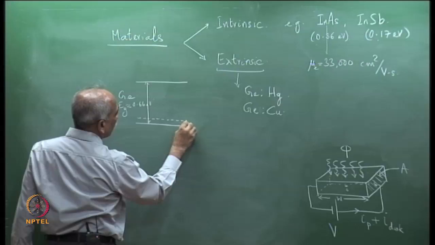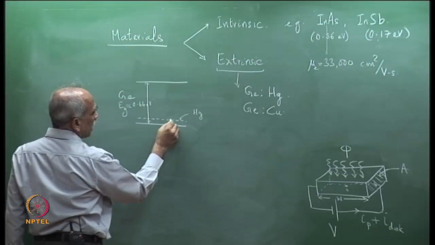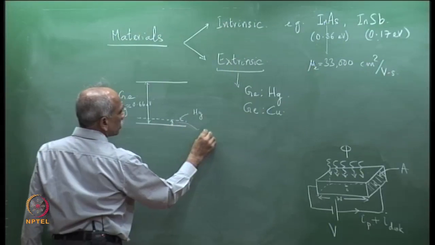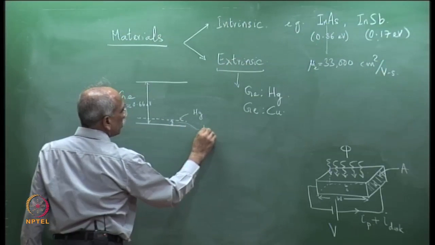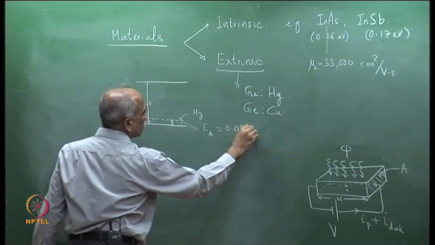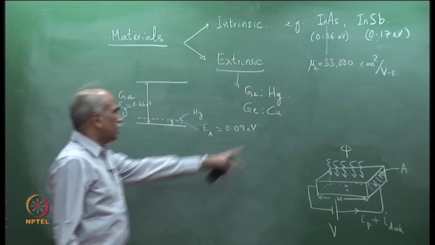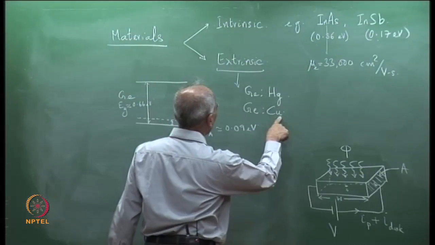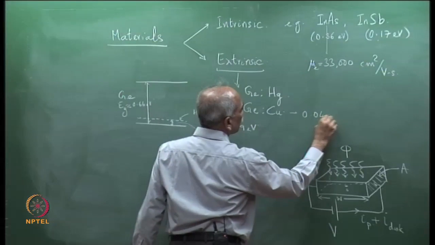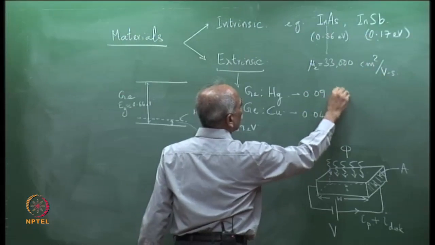There is an acceptor level. So, this is the mercury Hg dopant level, and the energy gap here, Ea, is approximately 0.09 eV, and for copper it is even smaller, about 0.04 eV.